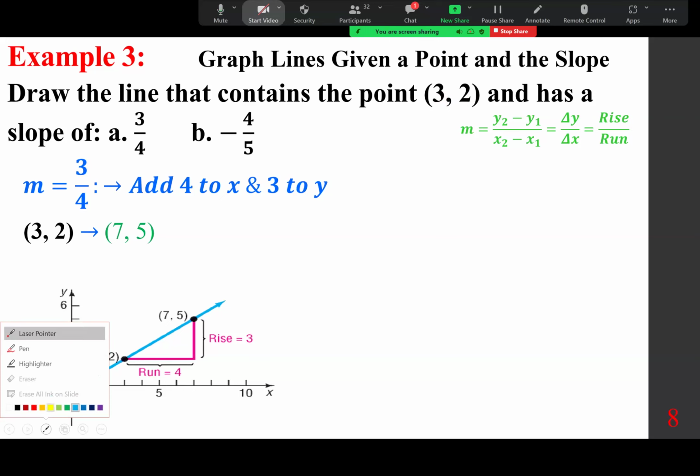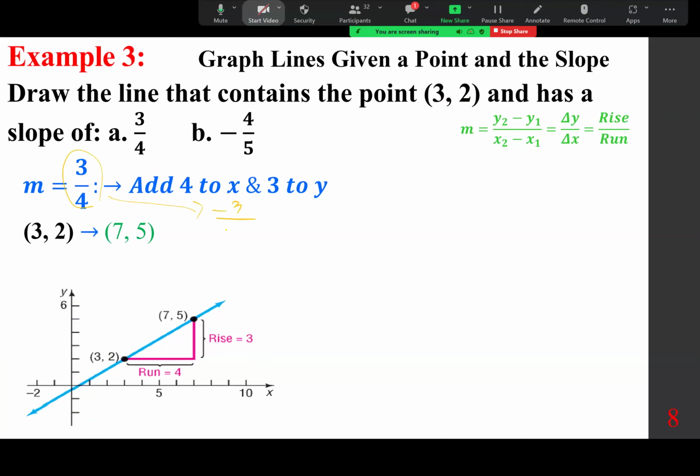Think about negative 3 over negative 4. The bottom gets added to the x coordinate, becomes negative 1. The top gets added to the y coordinate, and we get negative 1, negative 1, as an example.